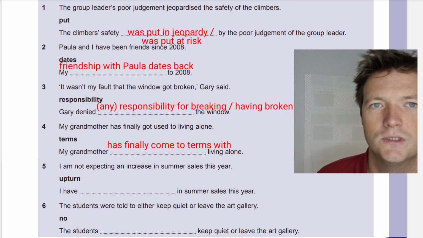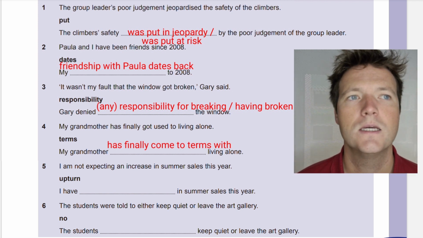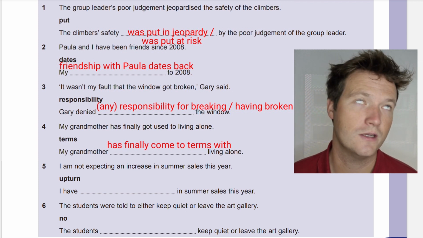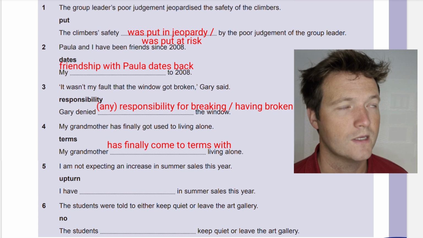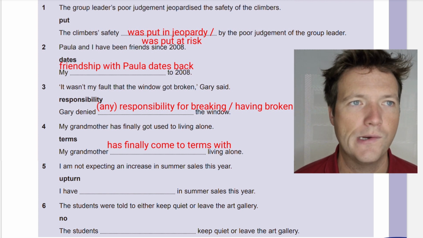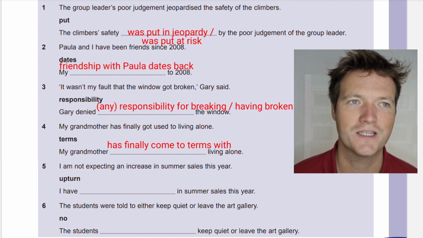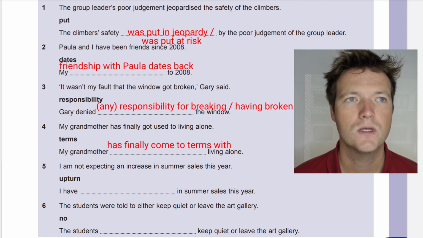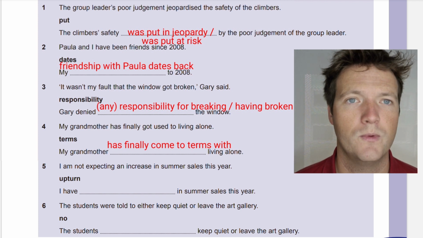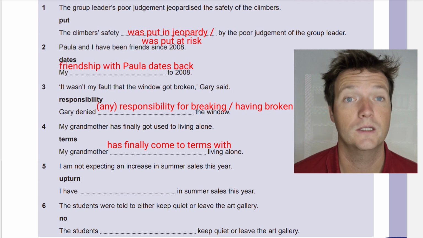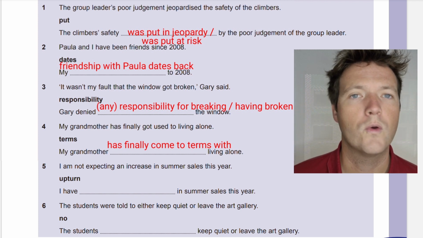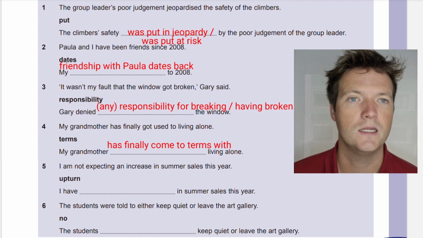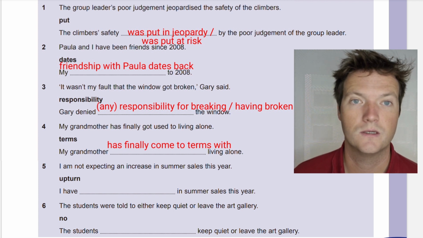I think it's important to use the word finally there, as it just does change the sentence, I suppose, qualitatively. It suggests that it was a long process, that it took her a long time to come to terms with, to get used to living alone. Yes. Okay.